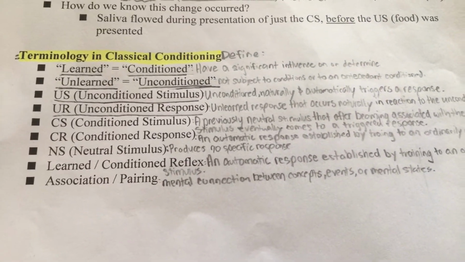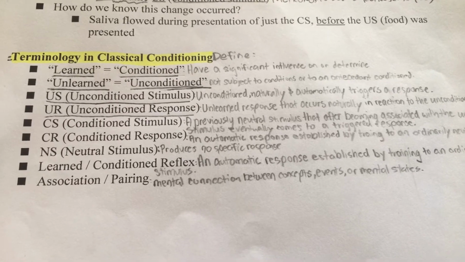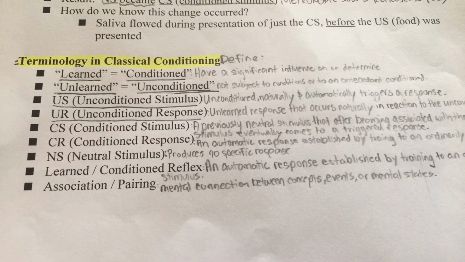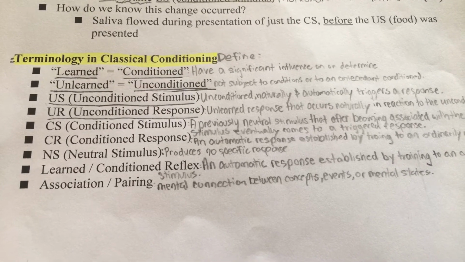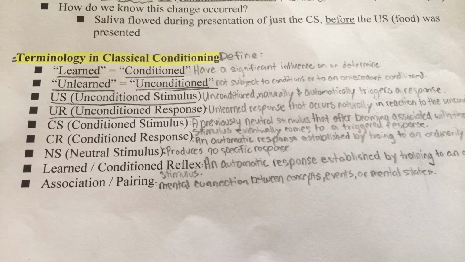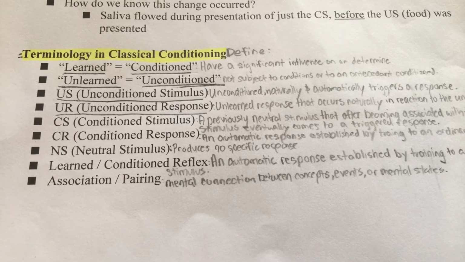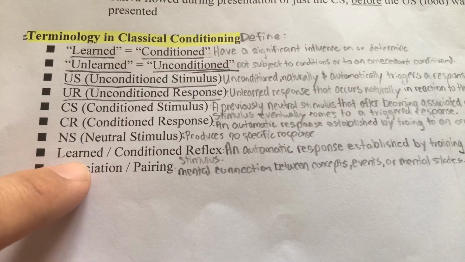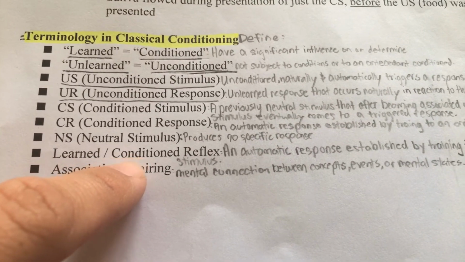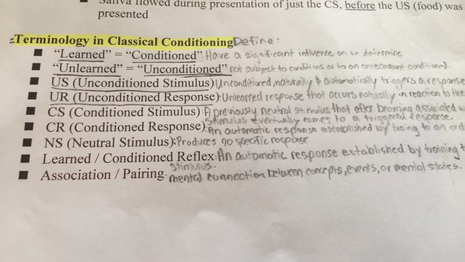The terminology is really important as you read psychology. So definitely learned, unlearned, unconditioned stimulus, unconditioned response, conditioned stimulus, conditioned response, neutral stimulus, and remember that these are interchangeable. Learned, conditioned reflex, association, pairing.